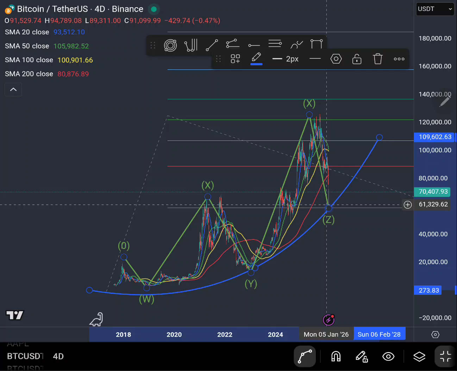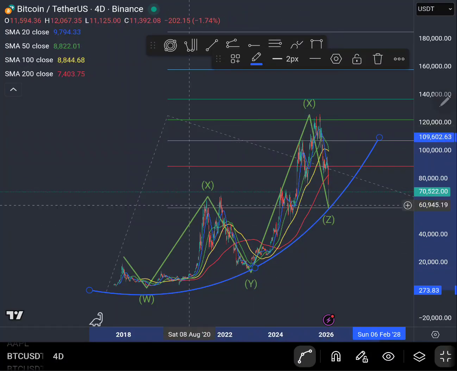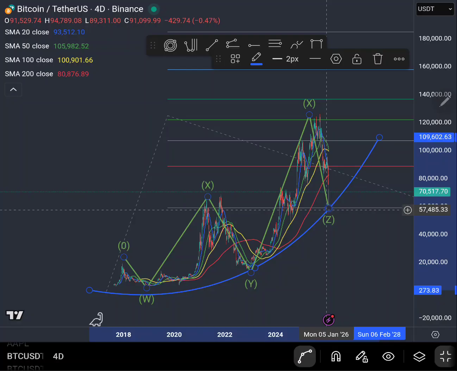Well, I would say about $250,000. And then it will have another correction, the wave 4. But wave 4 will be shorter than wave 2. Wave 2 took a really long time. Wave 4 will be a lot shorter.